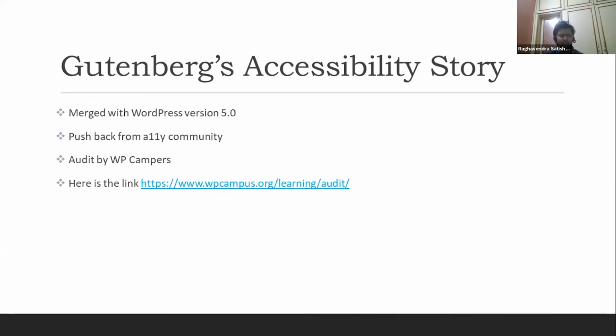But after 2 years, in 2019, WP Campus called for an independent audit by an agency, and the agency provided its results. We had close to 300 accessibility bugs found on Gutenberg. Gutenberg was audited not on the plugin but on the core that was merged with WordPress.